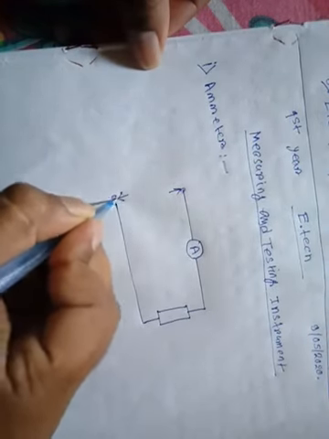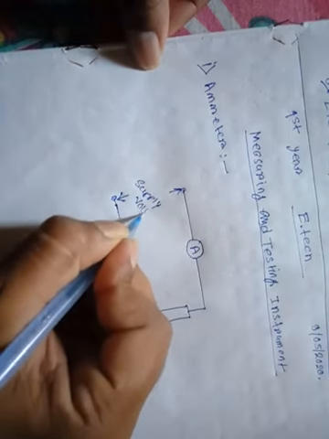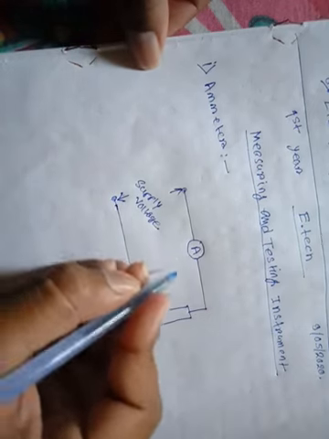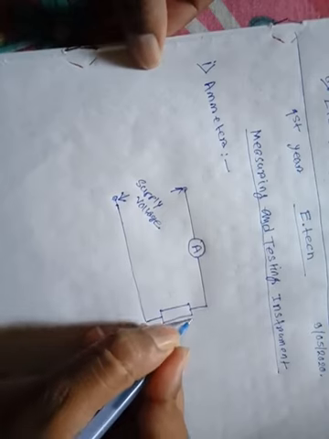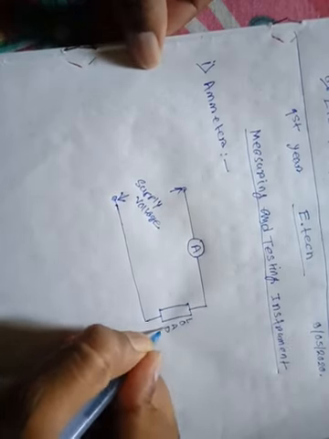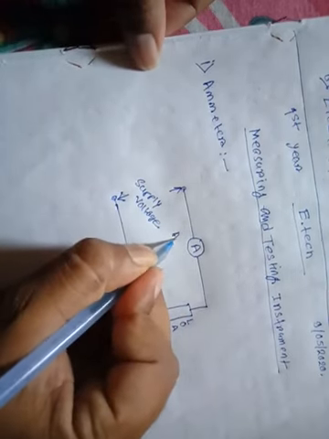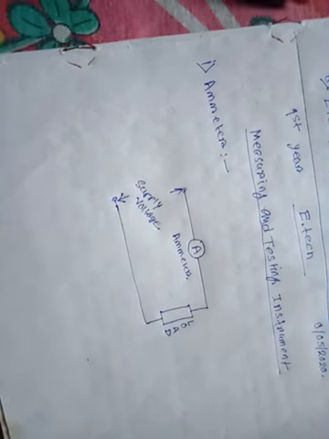Here is the supply voltage, and the ammeter is connected to the load in series. The ammeter measures the current of the circuit. The unit is ampere.